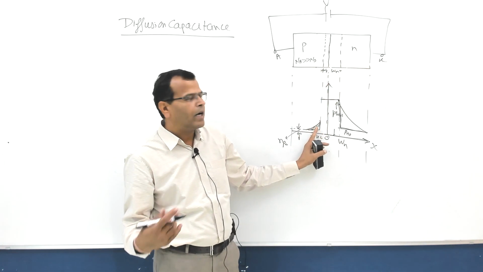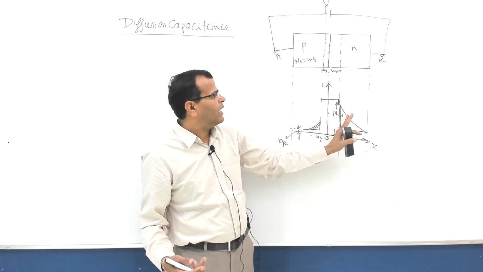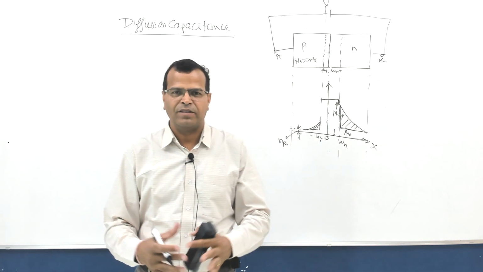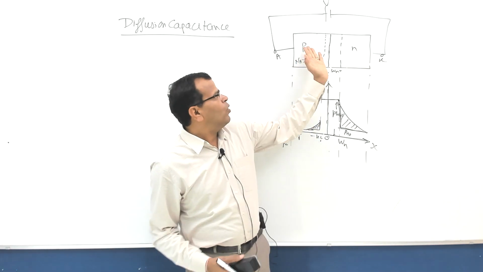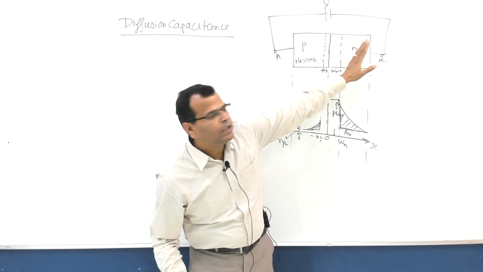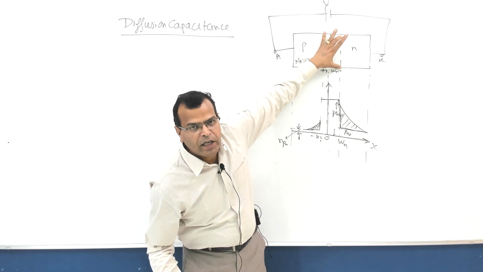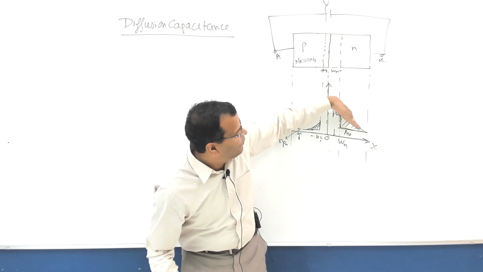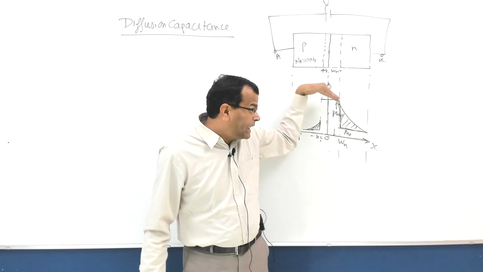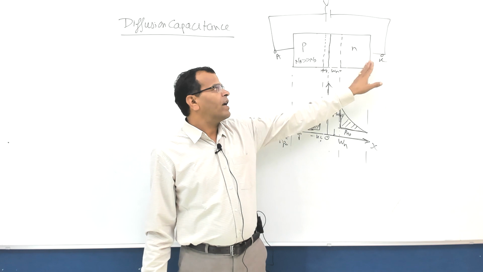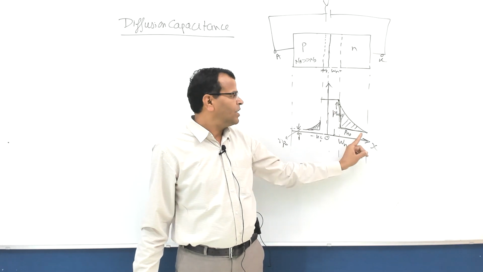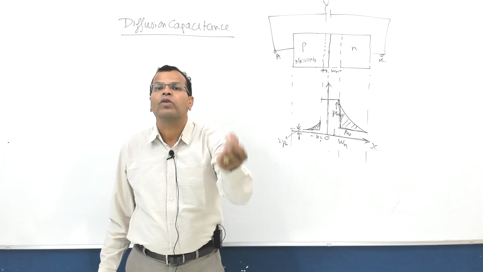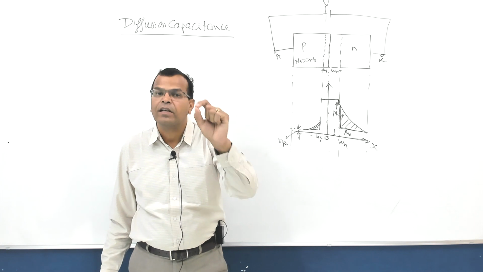Similarly, the holes coming from this side are called excess minority carriers. Please remember, when holes are being injected, the concentration of holes will be large here. And when it moves towards this, these will be diffusing, and the concentration decreases exponentially. At the far end, the concentration will become Pn naught, that is called the thermal equilibrium concentration of minority carriers.